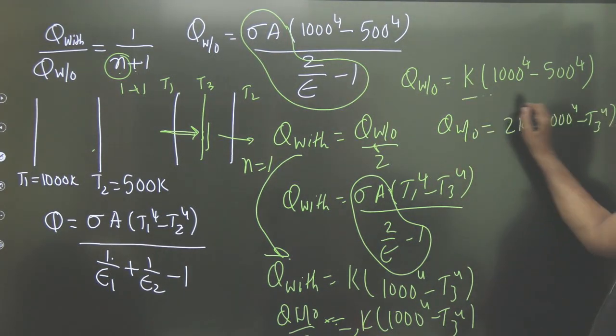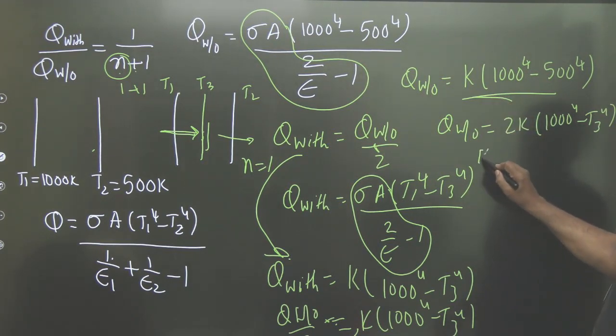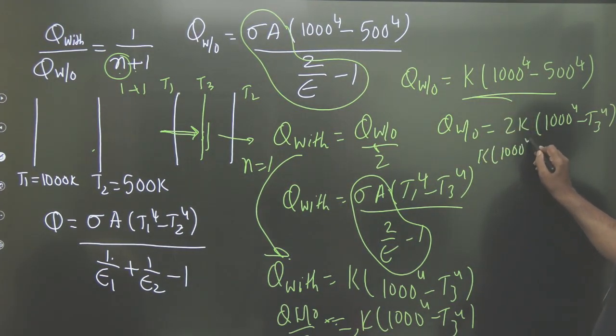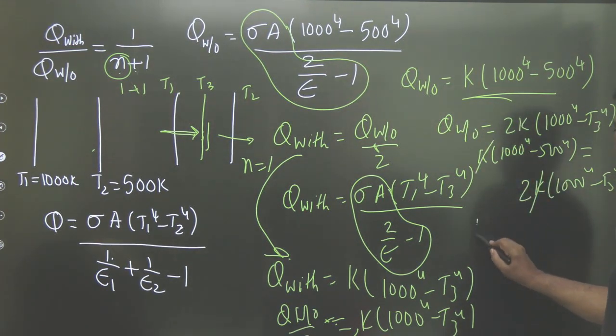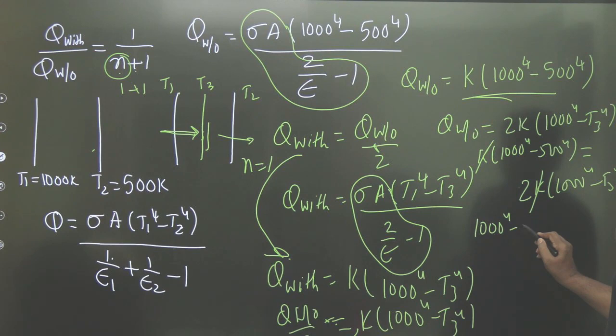Cool. So what is the heat transfer without shield? It is K into 1000 power 4 minus 500 power 4, which is equal to 2K into 1000 power 4 minus T3 power 4. So this K gets cancelled. We are left with 1000 power 4 minus 500 power 4 is equal to 2 into 1000 power 4 minus T3 power 4.